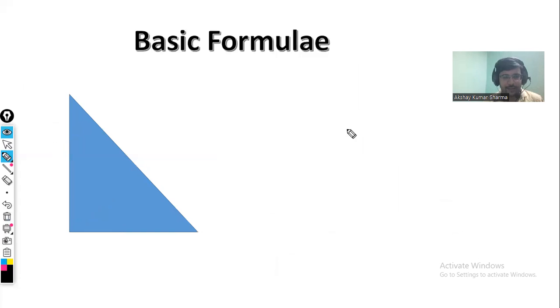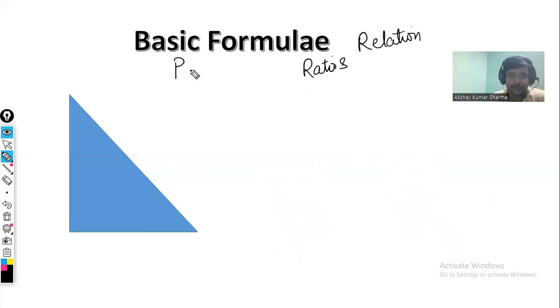Now let's jump into it. Sir, you have told that there would be a relation, or we can say there would be ratios. So what are the three things we have in this right angle triangle? Perpendicular, base and hypotenuse, correct?